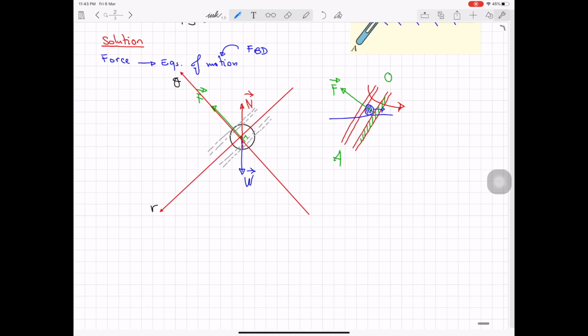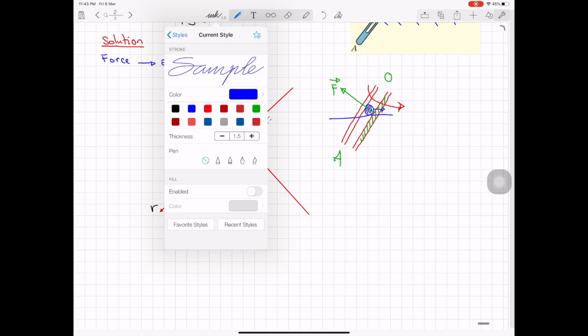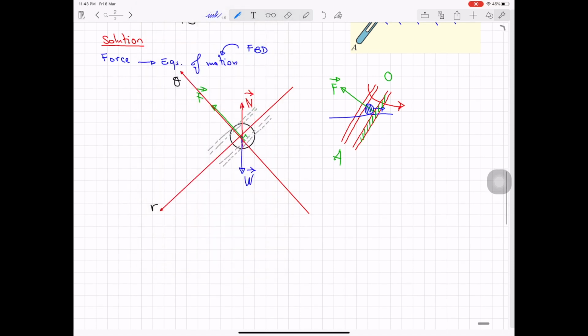Good. Now, this will be the direction of the radial acceleration, and this is the direction of the transverse acceleration, a theta.